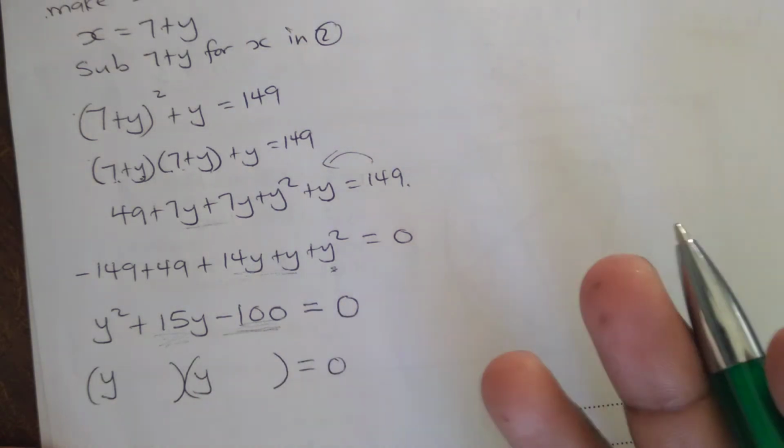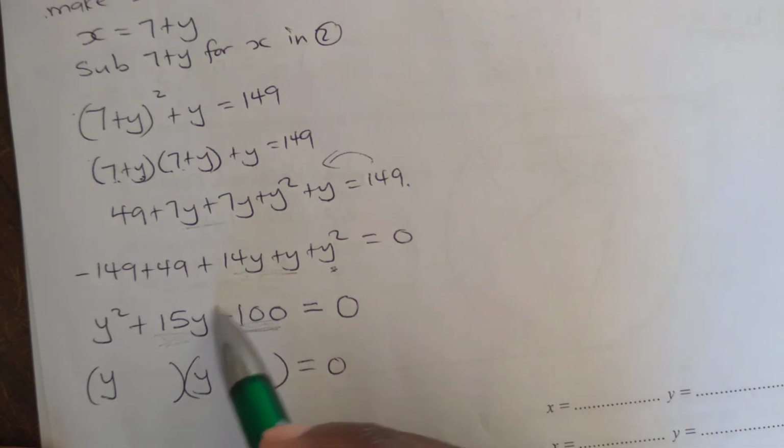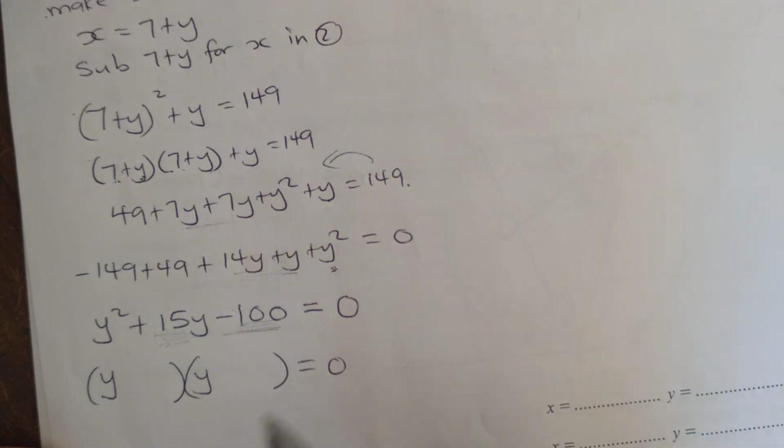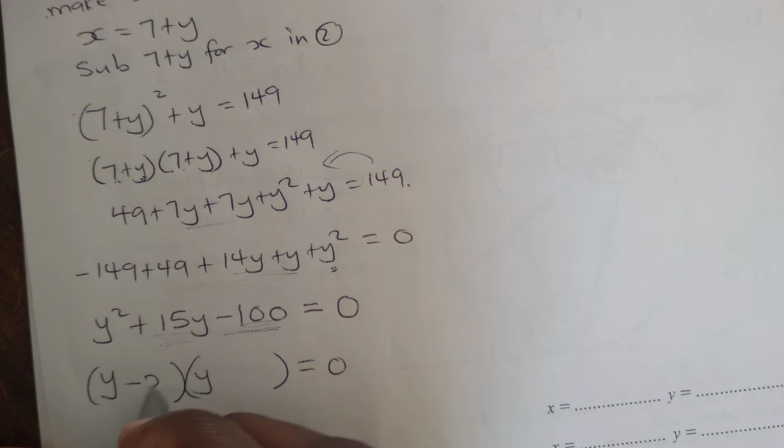So the number that will give you 100 when you multiply, we have 100, we have 5, we have 20. So basically you have 20 and 5. But remember, the number is supposed to be negative. So it means the 20 is the one which is supposed to be negative because it's bigger.